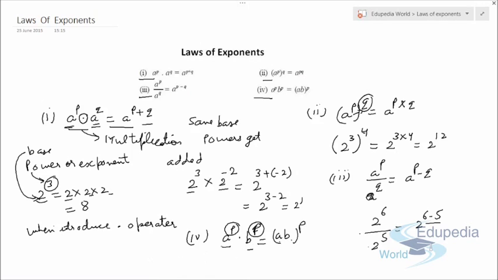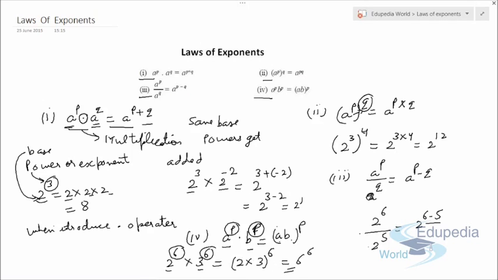Let me explain this also through an example. Suppose we have 2 raised to power 6 into 3 raised to power 6. Clearly in this example we have different bases but the same power, 6. So we can multiply these two bases, 2 into 3, and keep power 6 as the complete power. So the answer will come out to be 6 raised to power 6.